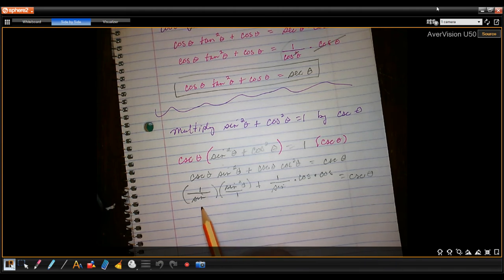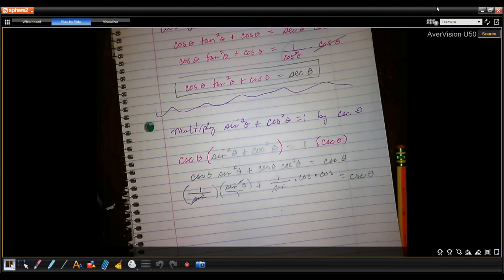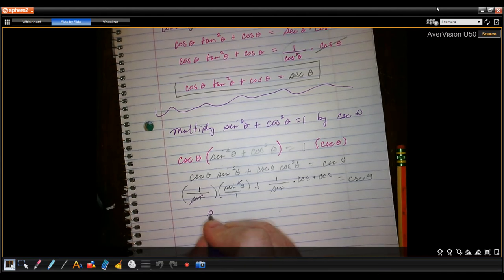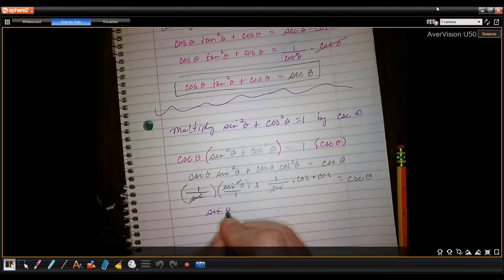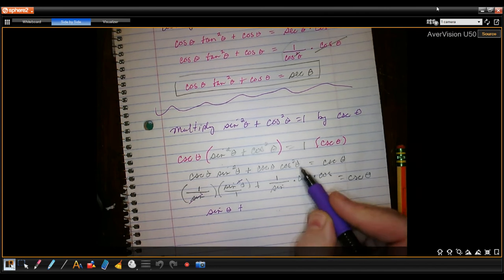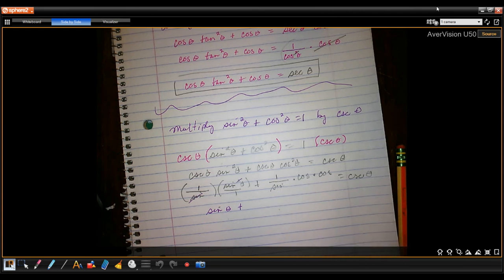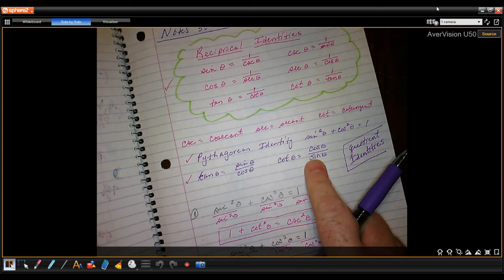Cosecant is 1 over sine. So I know this is going to cross out with that square. So what are we left with? Just sine. It's reduced. Plus, here, I separate this cosine squared out because I recognize that 1 over sine and cosine, well, cosine over sine, if you go back to your trig identities, is cotangent.